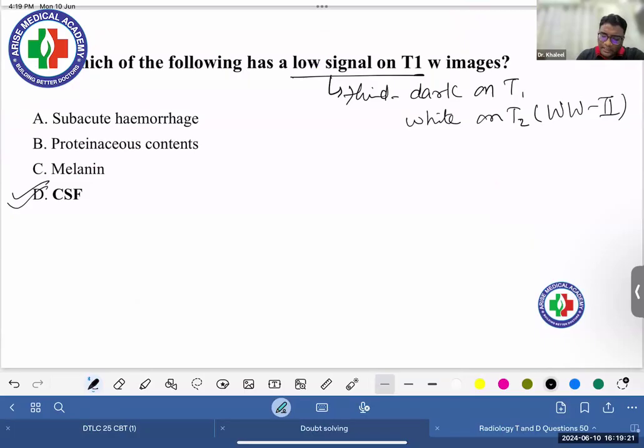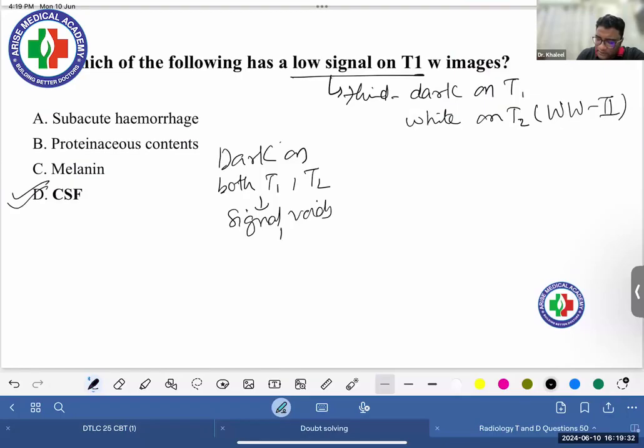And I told you what are the structures which are dark on both T1 and T2. These are called signal voids. And what are the signal voids? A, B, C, D, F: air, bone, calcification, dense fibrous tissue, and flowing blood.